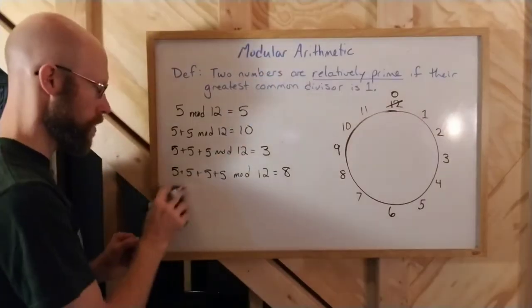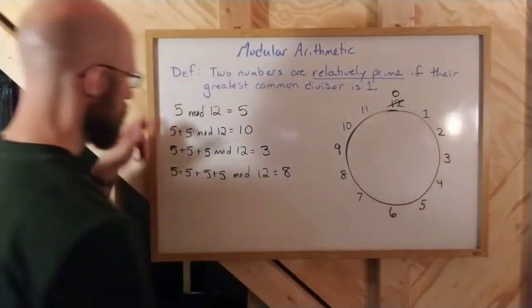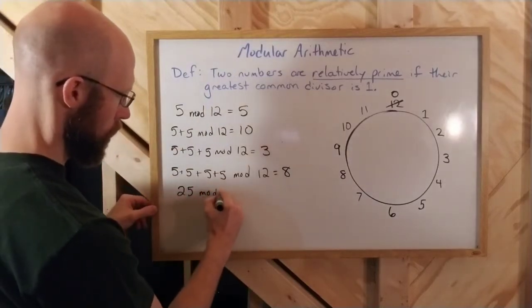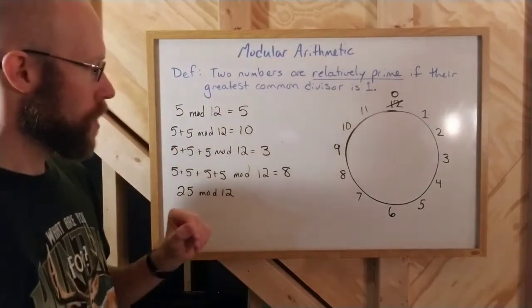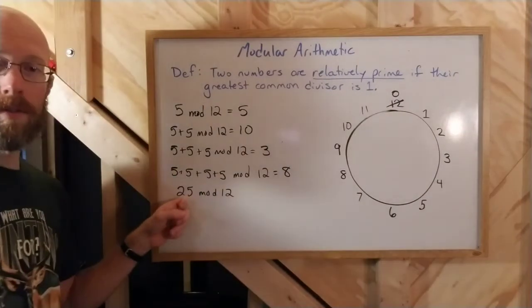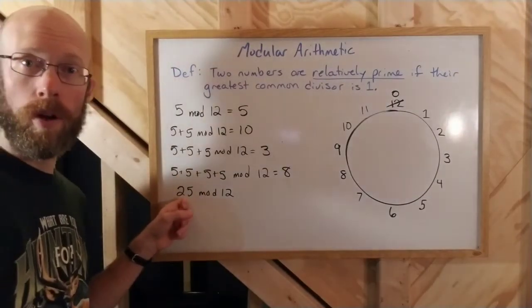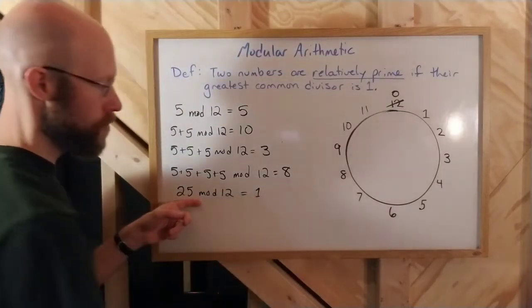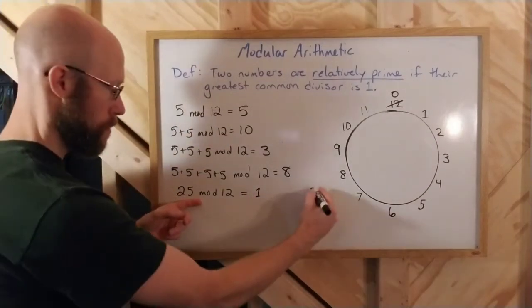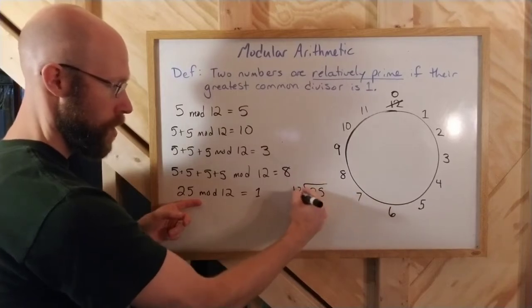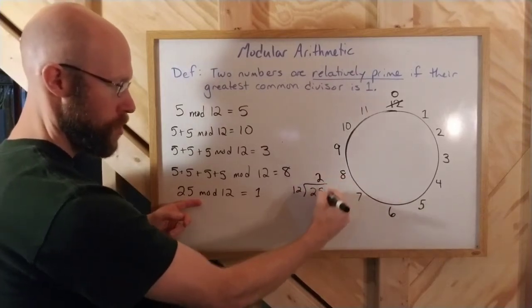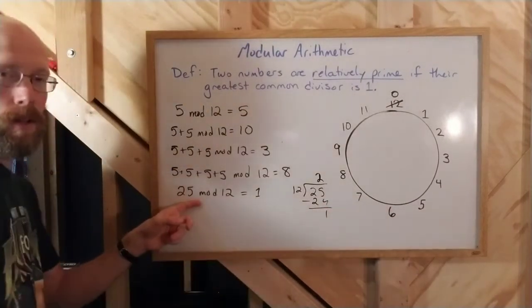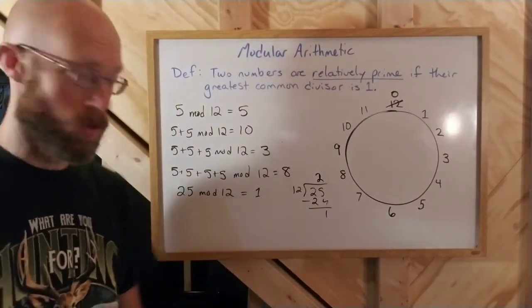So instead of writing all of these 5s, which is a little bit tedious, 5, 10, 15, 20, let's do 25 mod 12. Well, you would take out 24, because that's a multiple of 12, and you'd have 1 as your remainder, right? So think about it as 25 divided by 12, which would be 2, pull out the 24, and you have the remainder of 1. Okay, so again, it's the remainder we're looking for.